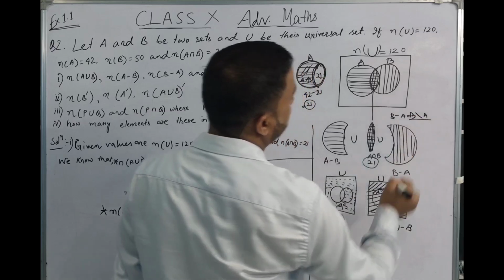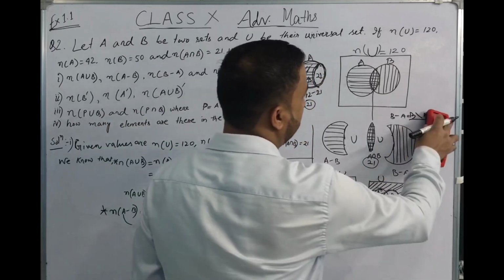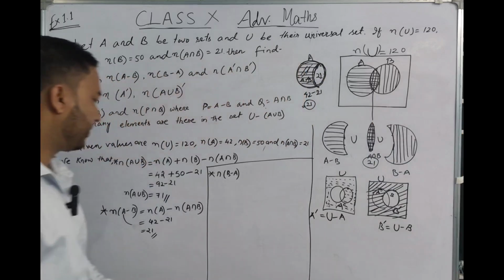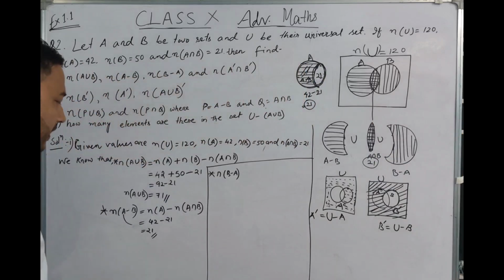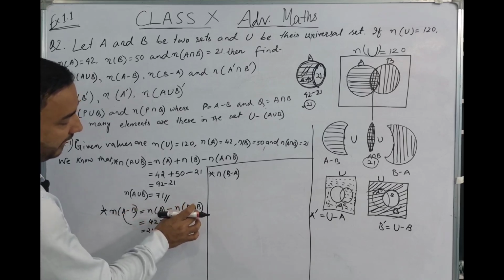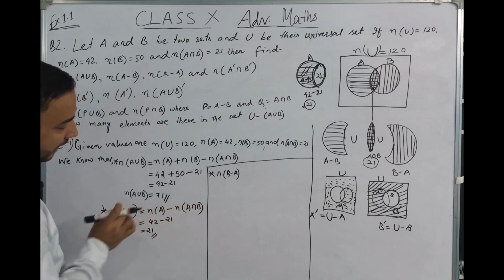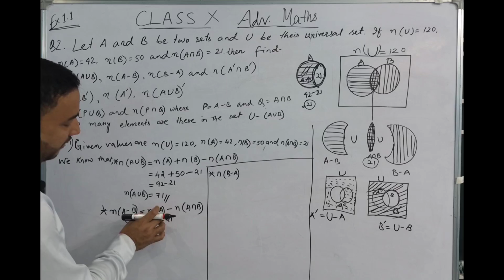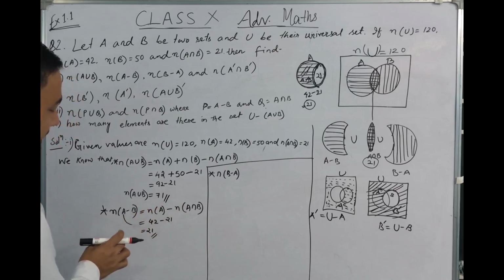This is the way to write B difference A, and I have already explained what A difference B is. If it is A difference B, then you have to subtract the number of elements in the set A intersection B from the set A. That means the elements will be exclusive to A only.